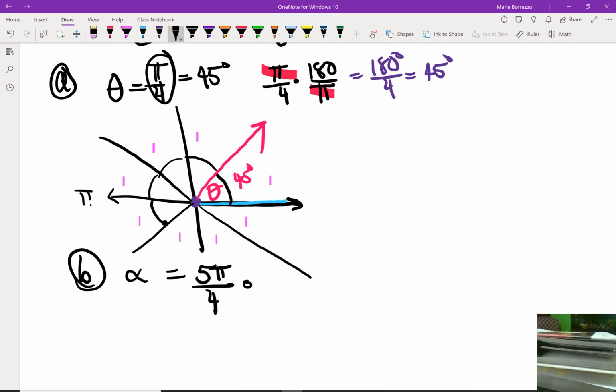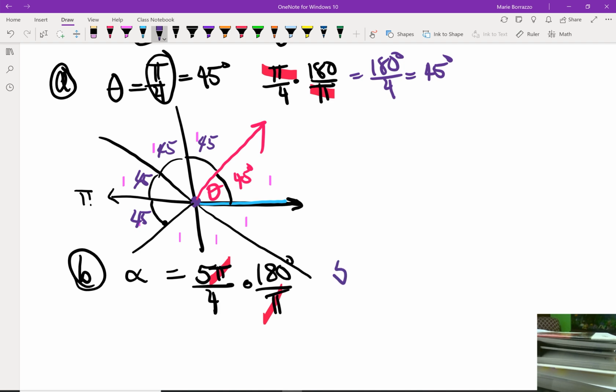If I were to multiply this by 180 over pi, I want you to notice, again, just mathematically, that cancels. You know that 4 goes into 180 45 times, and we have 5 of those. Hence, 45, this is 45, this is 45, this is 45, so is this.